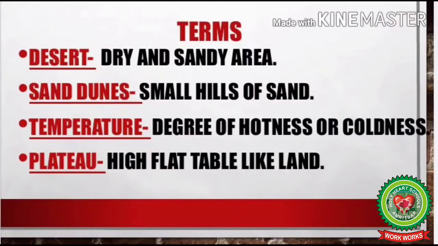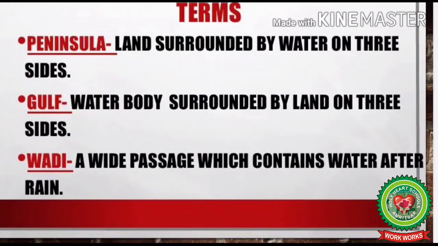First, I am going to discuss terms that you will read in the chapter today. Desert: dry and sandy area. Sand dunes: small hills of sand. Temperature: degree of hotness or coldness. Plateau: high flat table-like land. Peninsula: land surrounded by water on three sides.